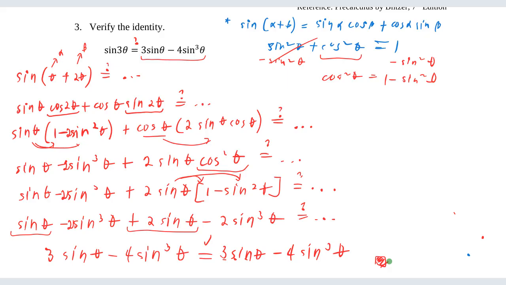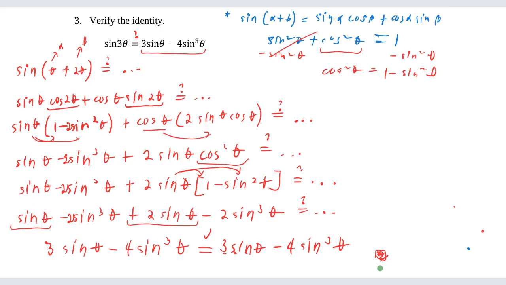I just said 1 minus sine squared theta, which is definitely wrong. It must be 1 minus 2 sine squared theta according to the formula. In that case, this would be negative 2 sine cube theta and then minus 2 sine cube theta. That gives us a negative 4 sine cube theta. Since they are now identical, this is our end of proof.